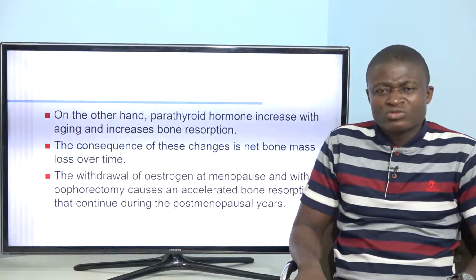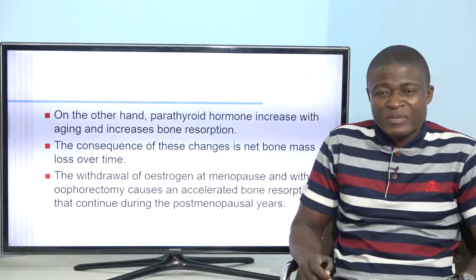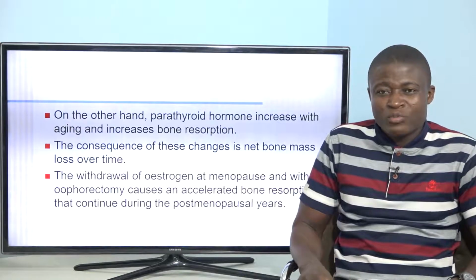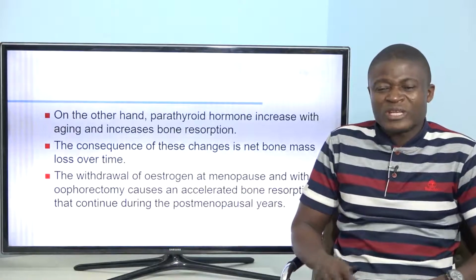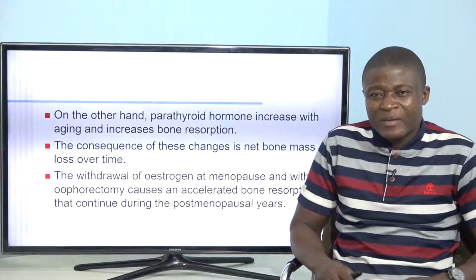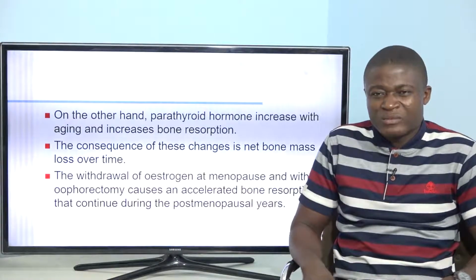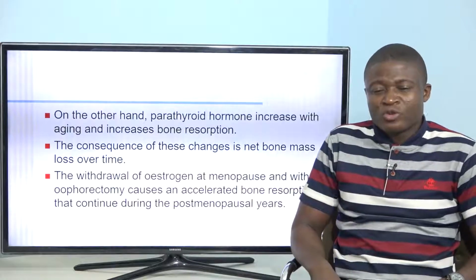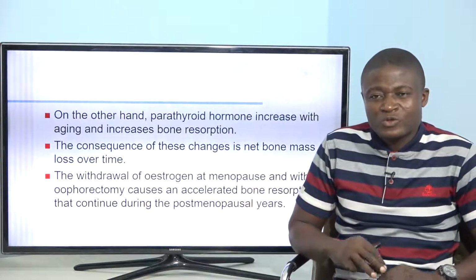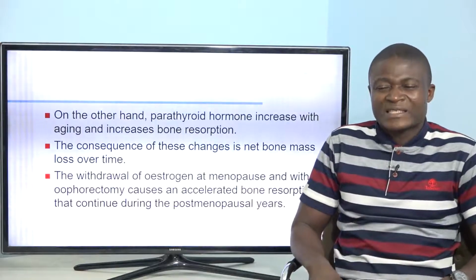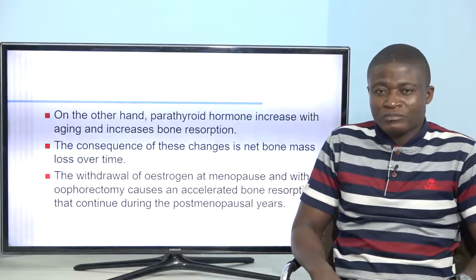This hormone fights against bone building and causes the bone to decrease in size. So whilst calcitonin and estrogen are trying to build the bone, it is also trying to break down the bone. That is, decrease the size of the bone.